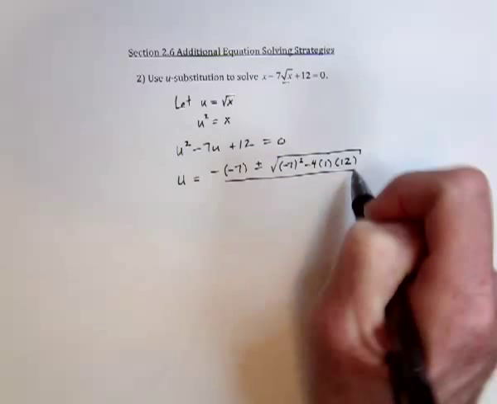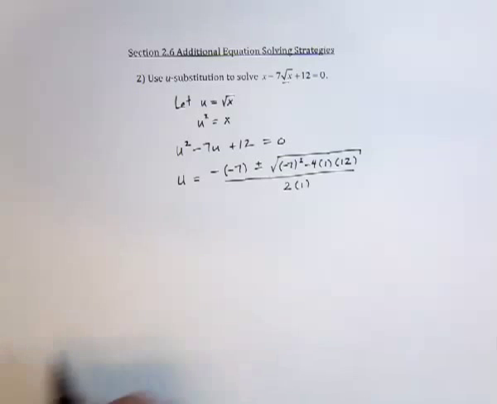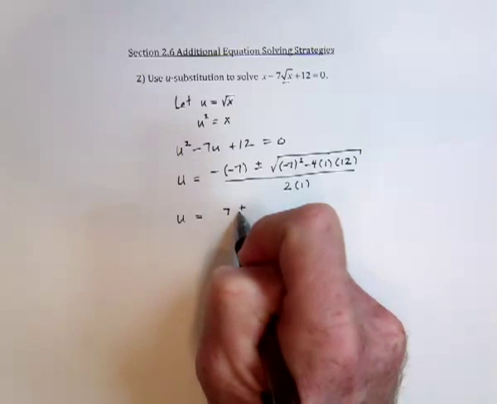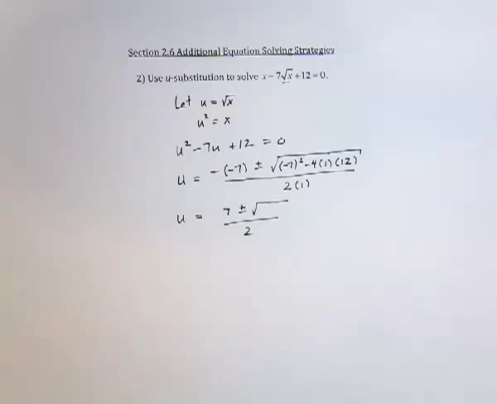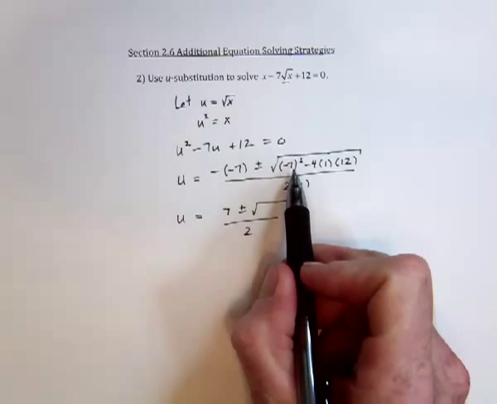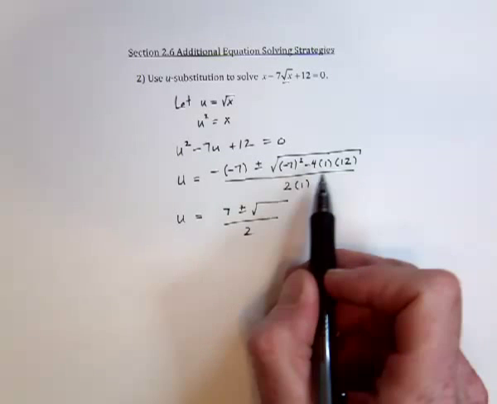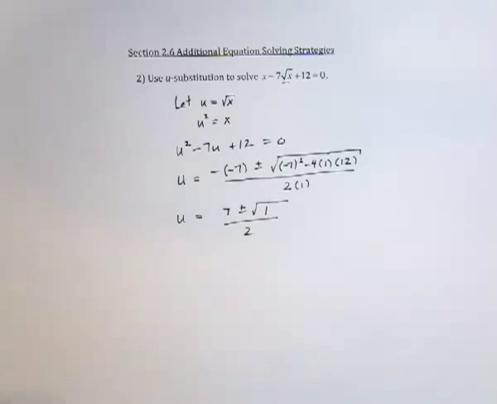And then divide the whole thing by 2 times a. So it's going to be a 7 plus or minus the square root of what? Well, this is a 49, and 4 times 12 is 48. So we've really got 49 minus 48, or 1.